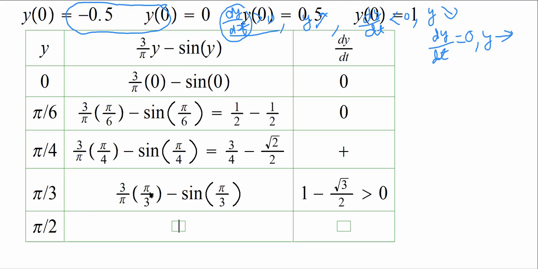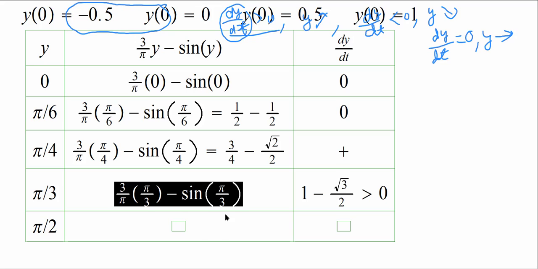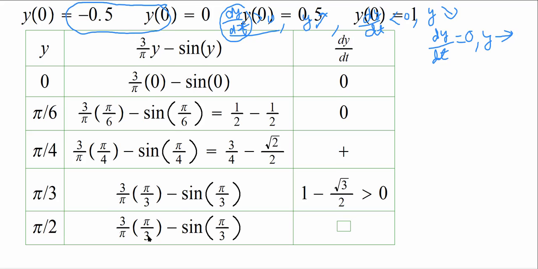The moment we just exceed the value pi over 3, this quantity is going to become more than 1, and sine of y is always less than or equal to 1. So when y is more than pi over 3, this quantity is going to stay positive. Let's just write this down for the sake of writing it. Here we got 2, here we got 2, so pi is cancelled.